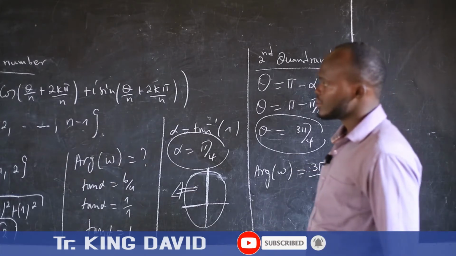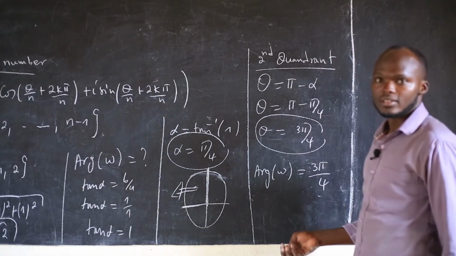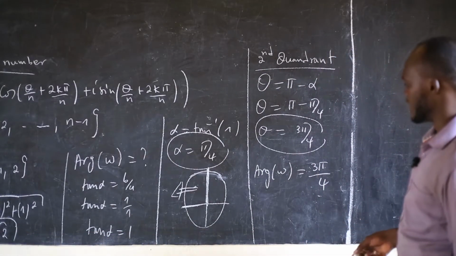After that, we're going to find all cube roots of w equals -1 plus i.